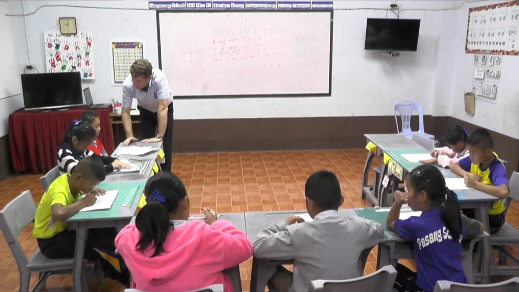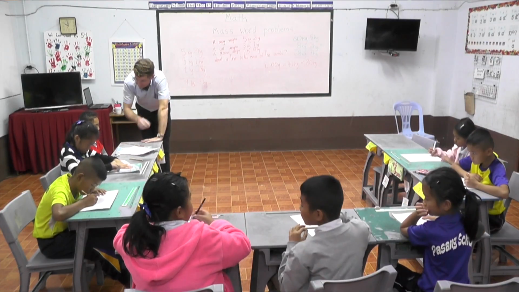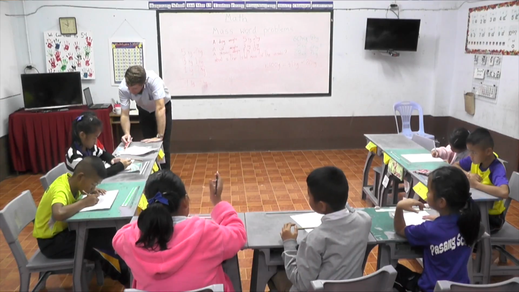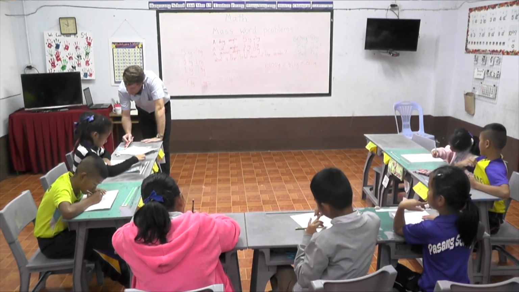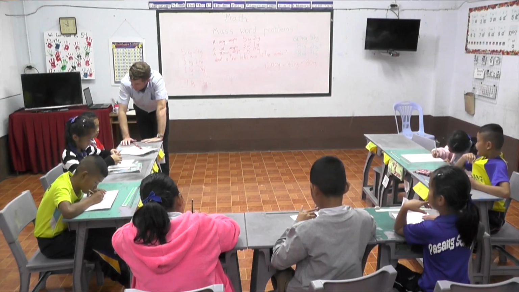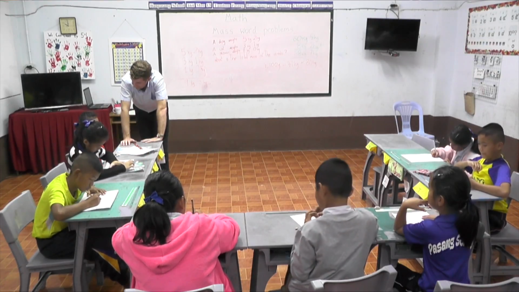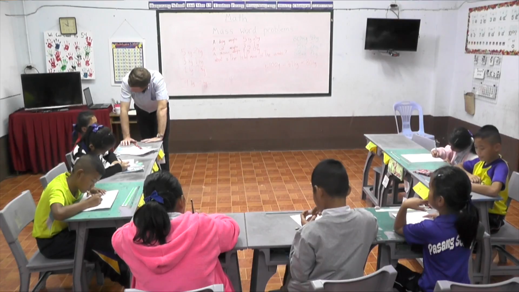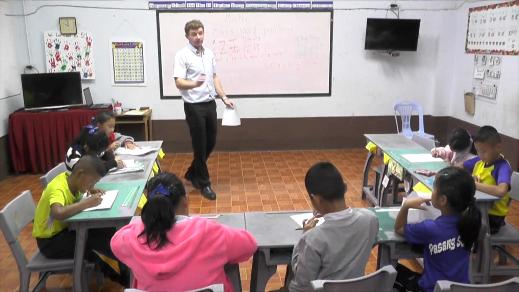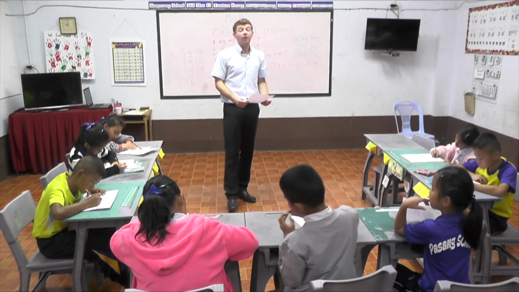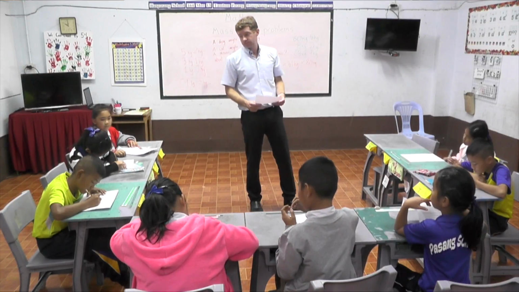Which is heavier? You need to compare. 80 hectograms or 41 hectograms? 80 hectograms. Excellent. That's your answer. It's as simple as that. You don't need to work out, just need to work out which is the bigger number.